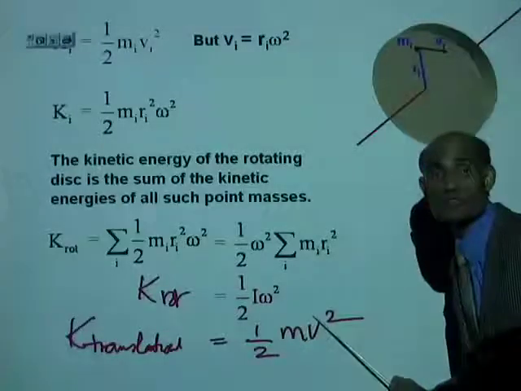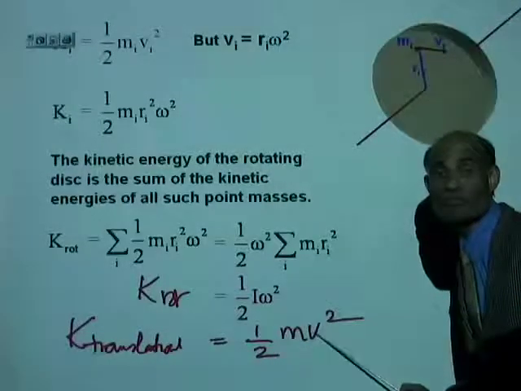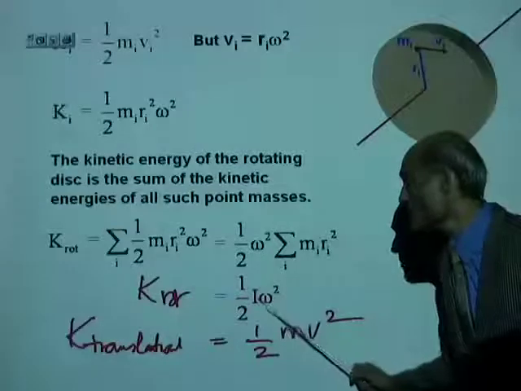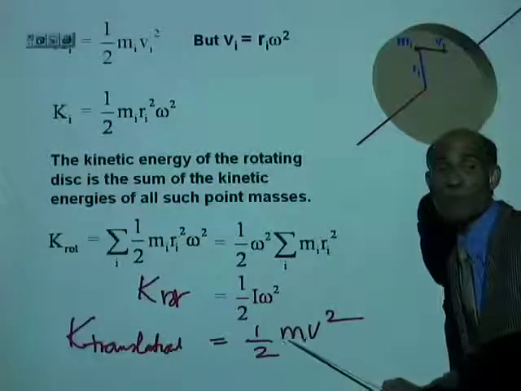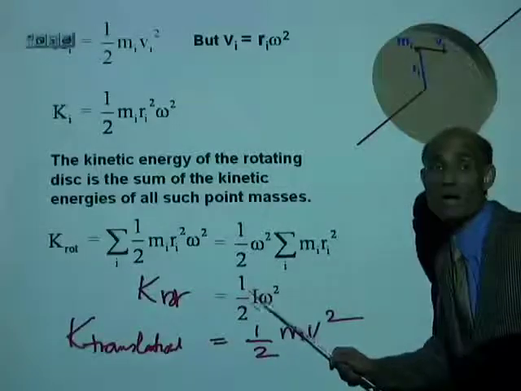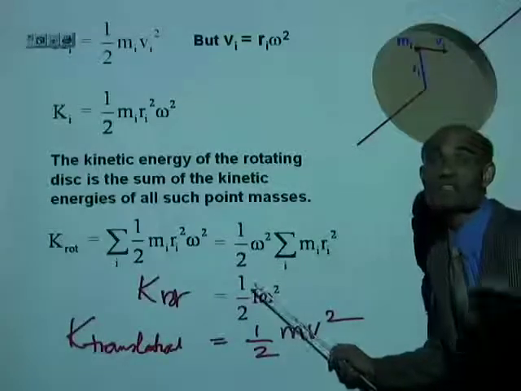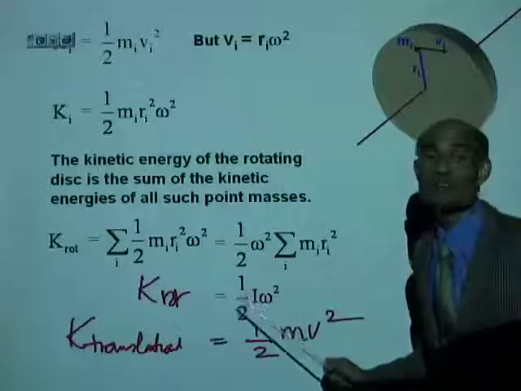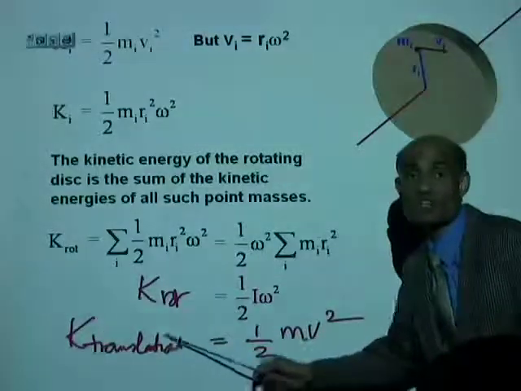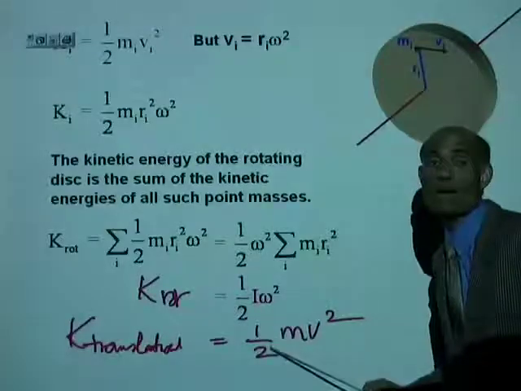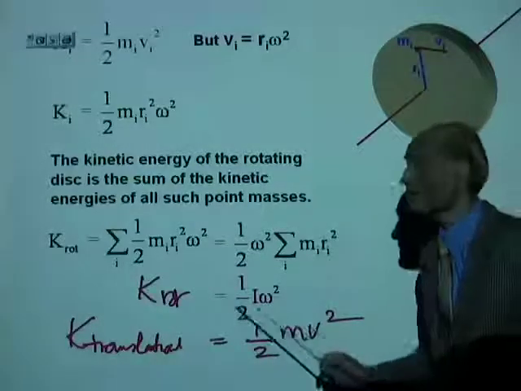All we need to do is replace the linear velocity v by the angular velocity omega, and mass is replaced by I, its equivalent quantity in rotation. So kinetic energy in translational motion is 1/2 mv squared.